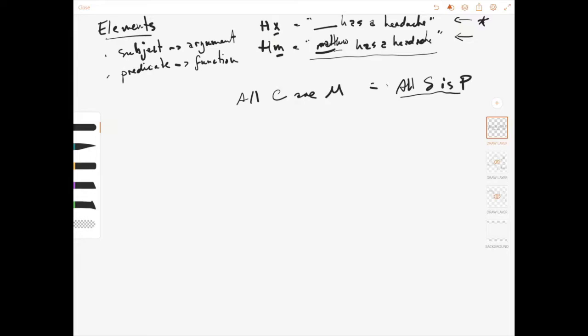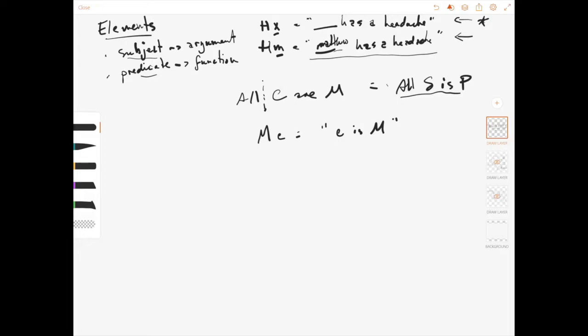If we separate off the front part here with the quantifier, we can analyze it using our elements of subject and predicate, where C is the subject and the predicate "blank is M." We'll let that be represented by M. So M of C stands for the proposition C is M, or in other words, cows are mammals, right?